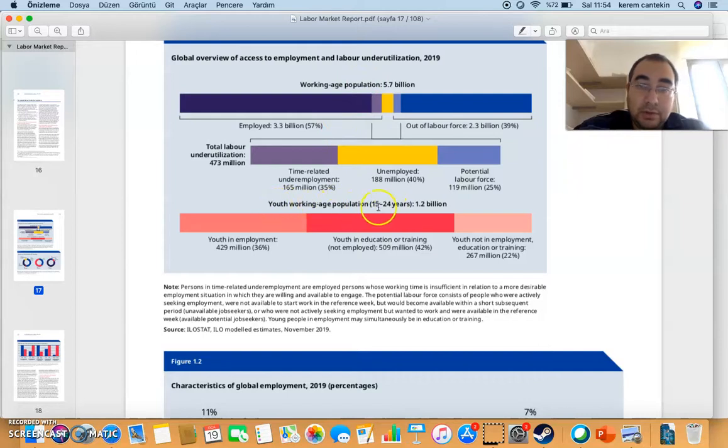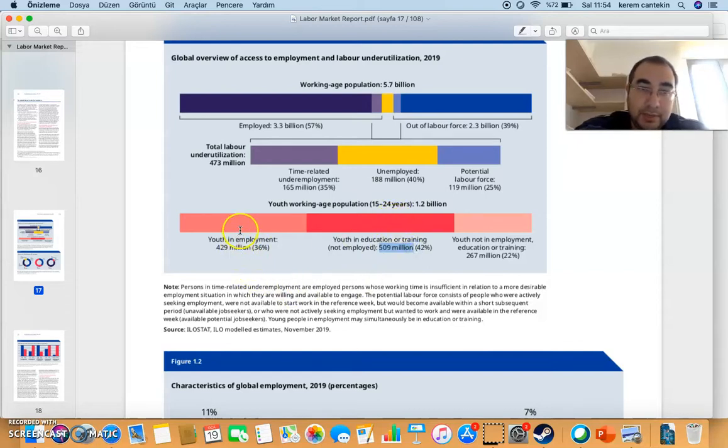When you look at the youth group, 15 to 24, 42% of this group is in education or training. So if you are at the university, as a student, you are probably part of this group, unless you are also working.